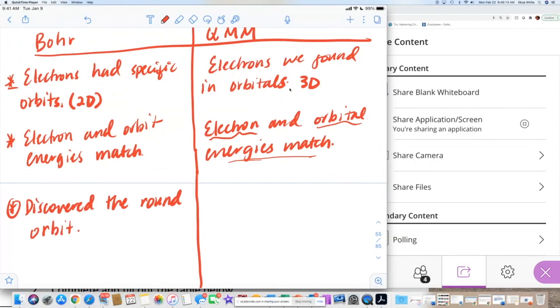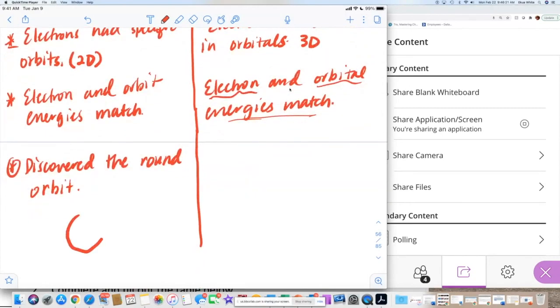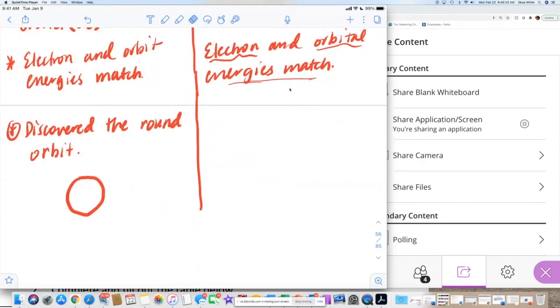With the quantum mechanical model, that group of scientists discovered that there wasn't just a round shape. So I'm going to draw the picture here so we can have a visual. This is what Bohr saw, right? So to kind of provide a more complete visual, based on what he saw, he drew his planetary model. And if you've done the lab, you've worked on this part here, right?